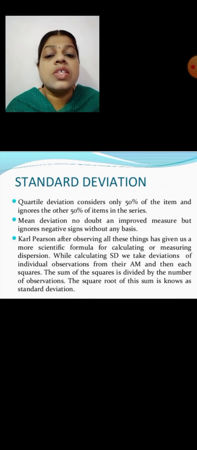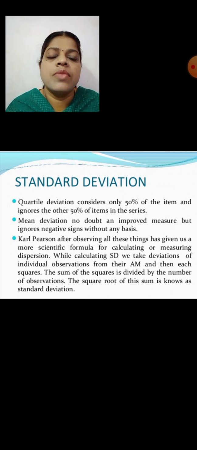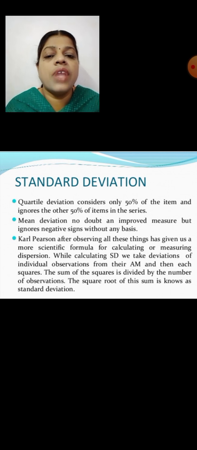That's why the standard deviation is considered the most popular measure of dispersion, because it takes into account the deviations of the individual observations from their arithmetic mean, and then we square each of them, and the sum of the squares we divide by the number of observations, and at last the square root is known as the standard deviation.